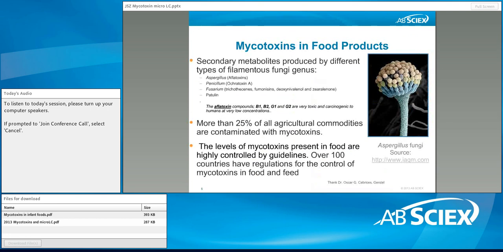What is mycotoxin? We normally say mycotoxins are secondary metabolites produced by different types of fungi genus, for example, aflatoxins, ochratoxins, and some others.